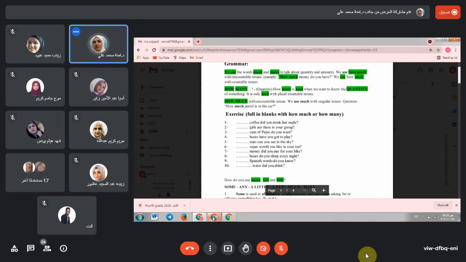We use how much with uncountable nouns, like how much money do you have, because money is an uncountable noun, so we have to use how much, because it's the appropriate usage with uncountable nouns, while how many we use with countable nouns and quantity. For example, how many is used when we want to know the quantity of something. It's only used with plural countable nouns.